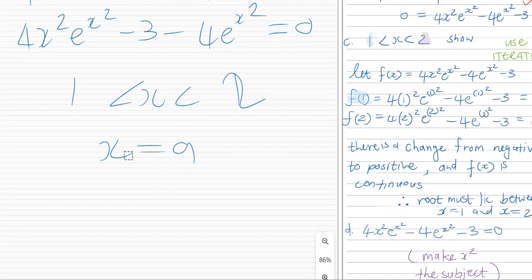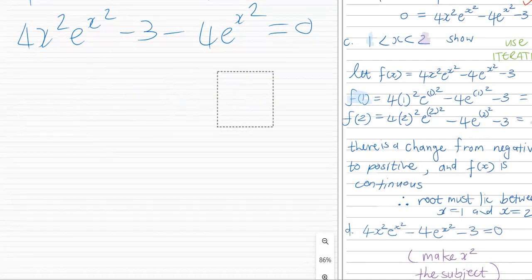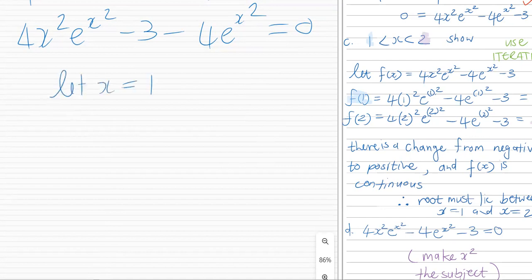They say show that. And when we do these sorts of questions, the way that we show that in P3 is to use iteration. So the first thing is you let X equal 1. So the left-hand side of the iteration, they said between 1 and 2. So that just looks like f of 1. So if you let X equal 1, you can just write f of 1. And so wherever you see an X, you put a 1.